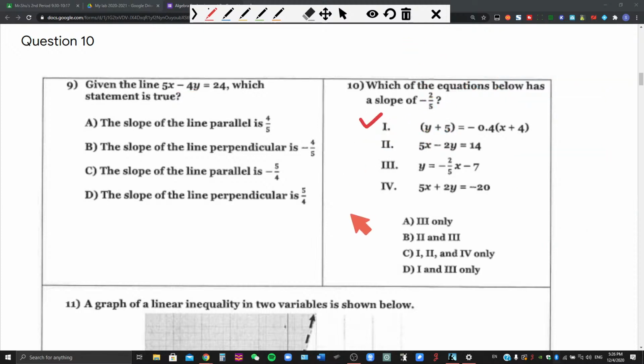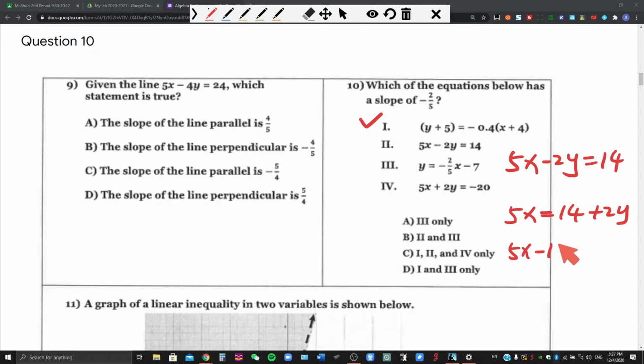So number 1, yes. Number 2, we will do it similarly. 5x subtract 2y equals 14. Then I move the 2y to the other side. I will have 5x equals 14 plus 2y. Then I move the 14 to the other side. It will become a negative 14. 5x subtract 14 equals 2y.